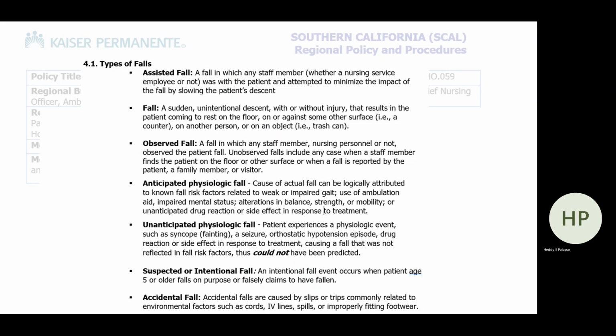By definition, it's when a patient has been determined to be at risk for falling and the cause of the actual fall can be logically attributed to known and predictable risk factors such as weak or impaired gait, use of assistive device, impaired mentation, alterations in balance, strength, or mobility, anticipated drug reaction or side effects in response to treatment. This type of fall accounts for the majority of our inpatient falls. Most risk assessment tools that exist are designed to predict this kind of fall.